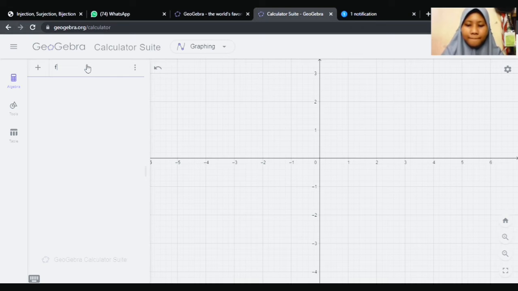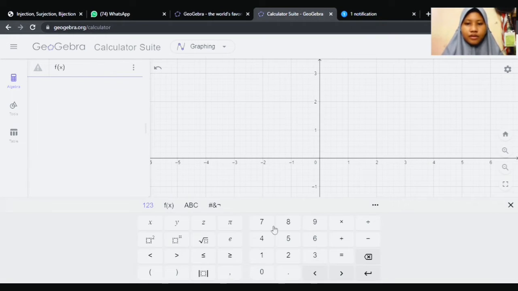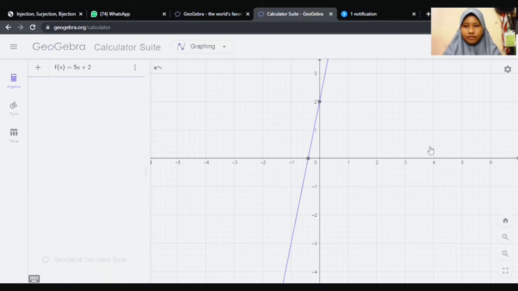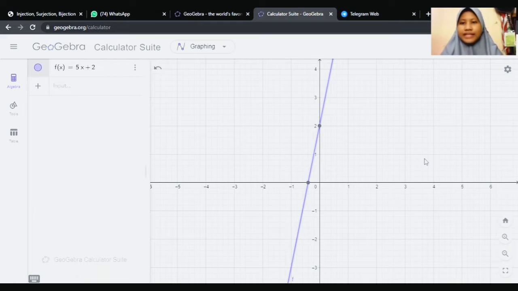f(x) is equal to 5x plus 2. We can see in the graph that the function is one-to-one or injective and onto or surjective.